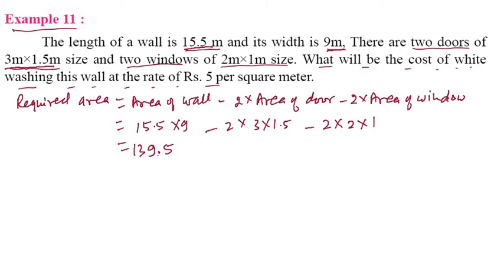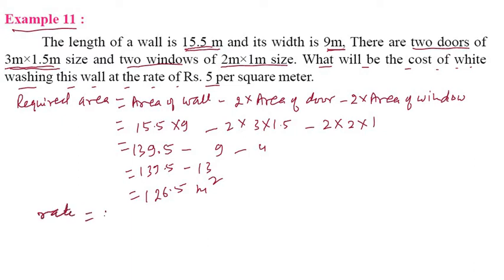So let us do what will happen. It is 139.5 minus 9 minus 4. So that becomes 139.5 minus 13. So subtract this: it is 0.5, and 9 minus 3 that is 6, and here 3 minus 1 that is 2 and it is 1. So that is 126.5 meter square. Now rate is given, so you can write the rate.